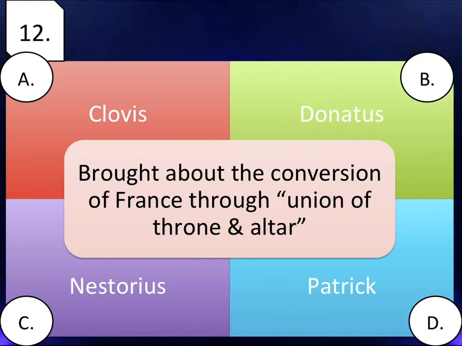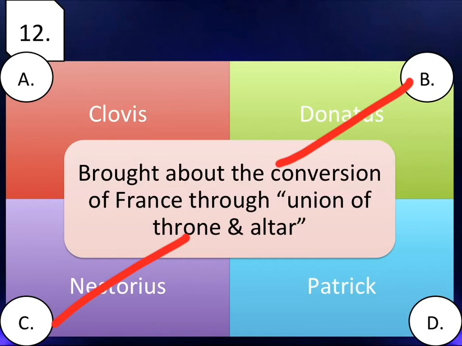Well, let's get rid of a couple of heretics on the list first. It's not Donatus. Donatus was the famous heretic who started Donatism, that very strict form of Christianity where once you blasphemed against Christ, you could never be welcomed back. All sorts of stuff like that. Nor is it Nestorius, who was promulgating that Jesus was two separate persons.